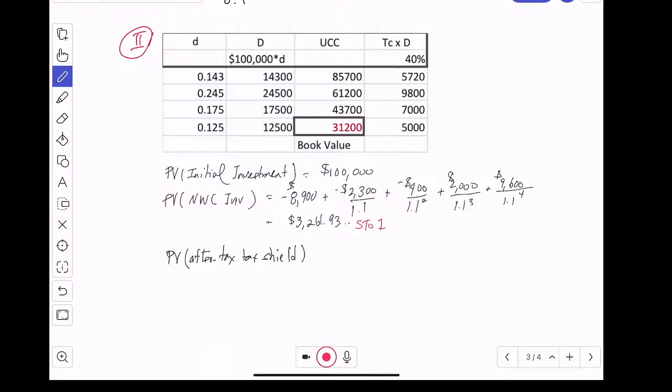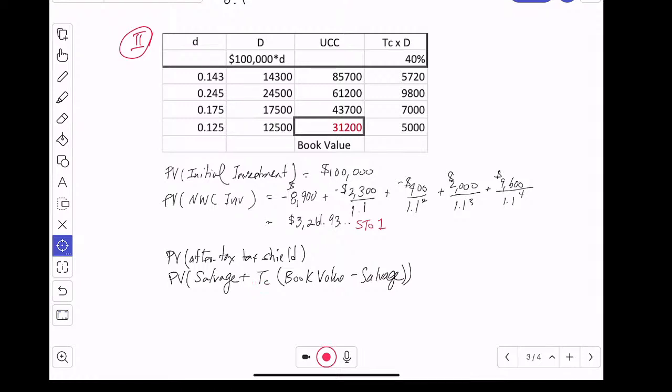So this is the present value, which is actually the present value of the salvage plus the tax rate on the difference of the book value and the salvage value, because I get tax savings if I sold it for less than it was worth, and that's why this is a plus.